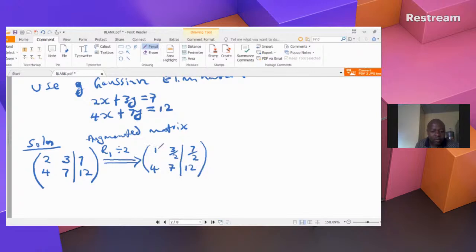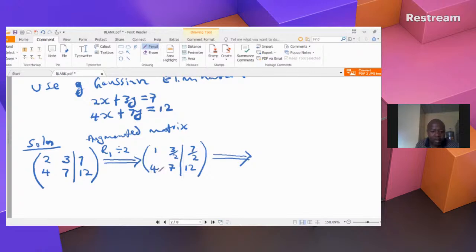Now, once I have this element as a 1, I want to use it to create zeros below it. I want a 0 in row 2, column 1, because I have a leading 1 in column 1, so I want elsewhere in column 1 to be 0.